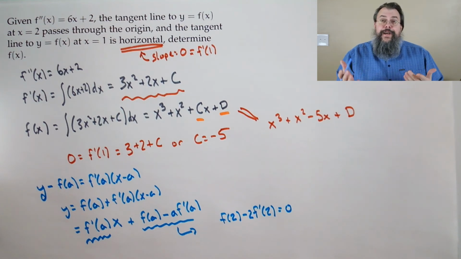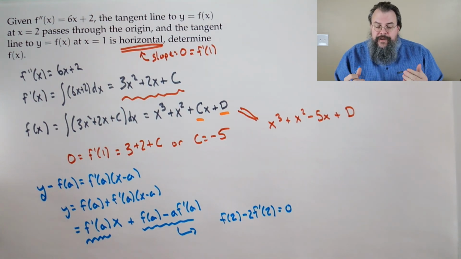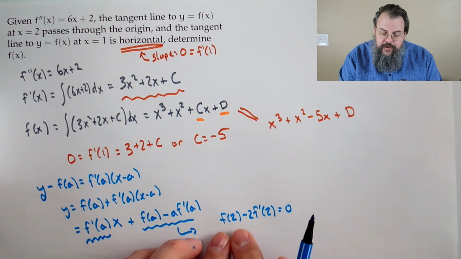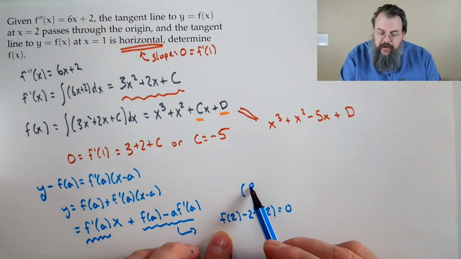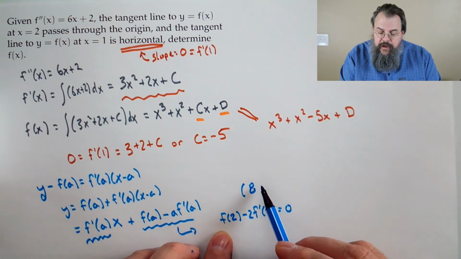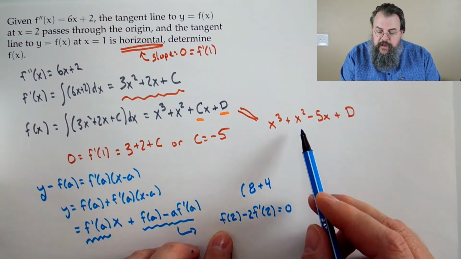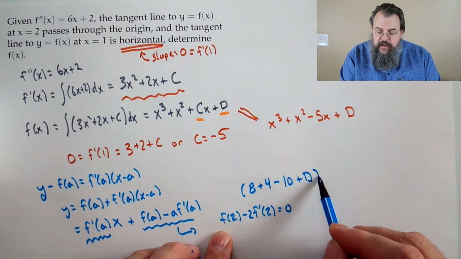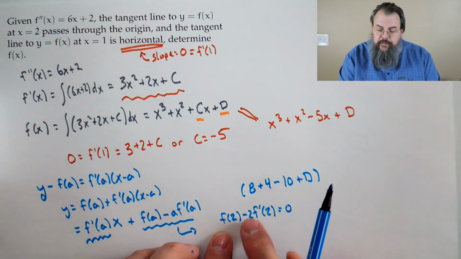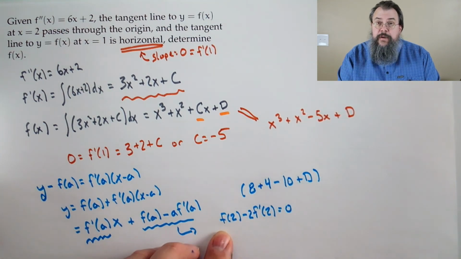All right, well now let's just plug stuff in. So if we plug in 2 into our function, we're going to get 8, 2 cubed, plus 4 minus 10 plus d. So 2 cubed plus 2 squared minus 5 times 2 plus d.